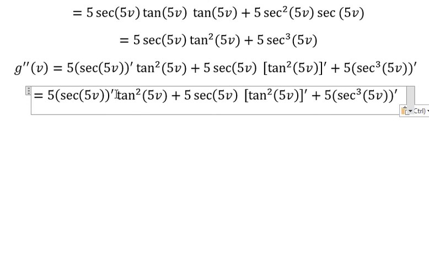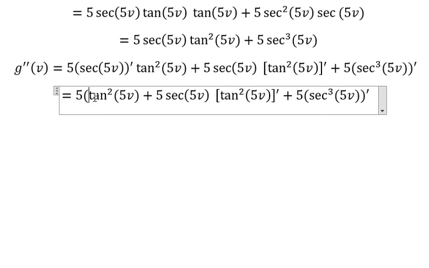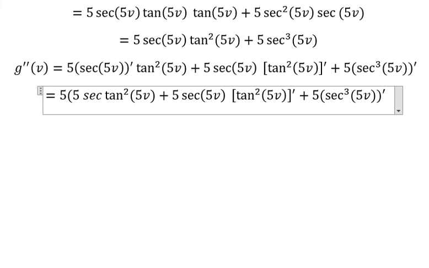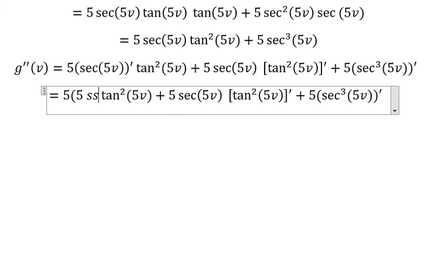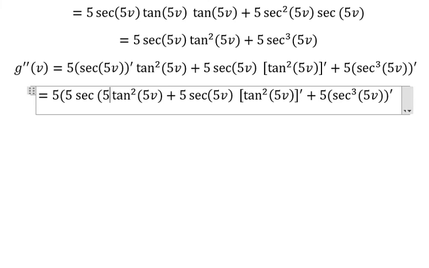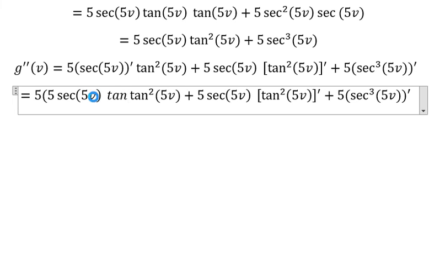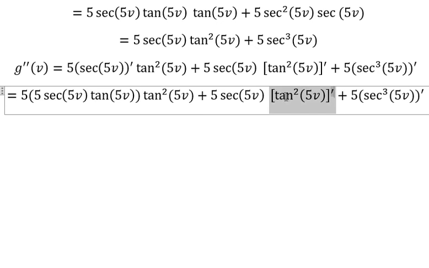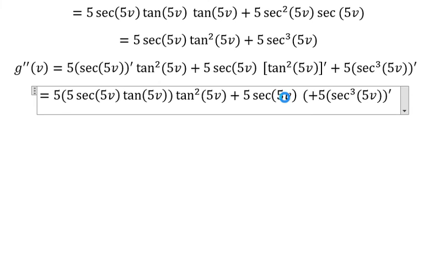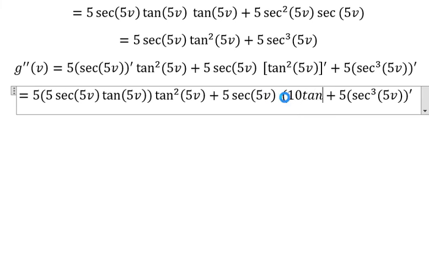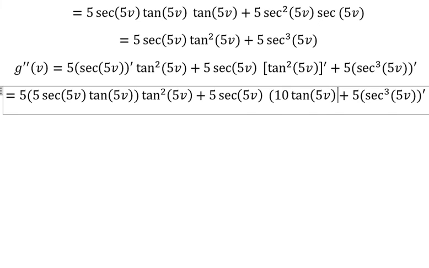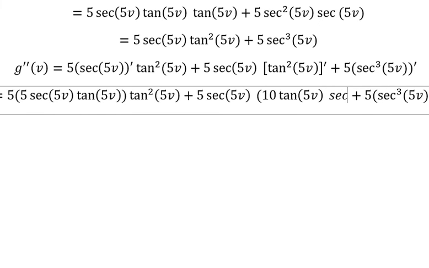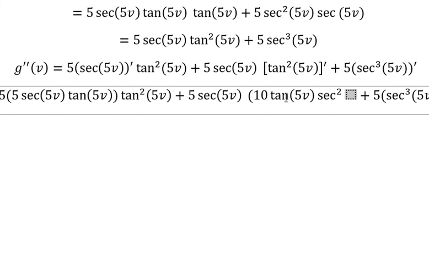So this one is 5 secant of 5v multiplied by tan 5v. This one is 10 tan 5v, and we have secant of 5v squared.